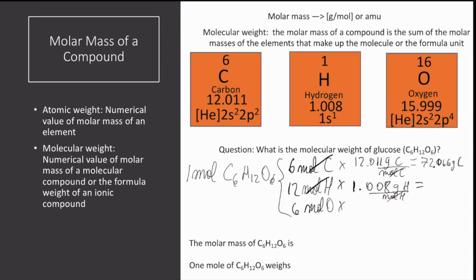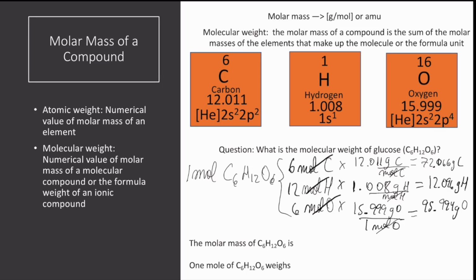So we get 12.096 grams of hydrogen. For the case of oxygen, it is 15.999 grams of oxygen for every 1 mole of oxygen.